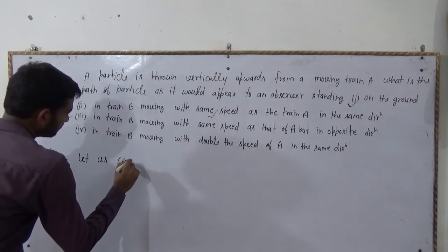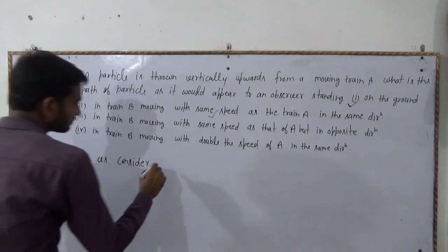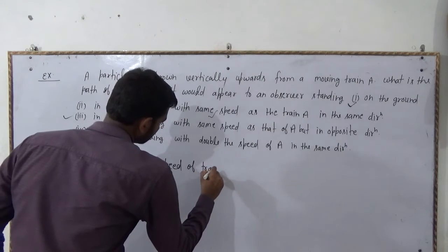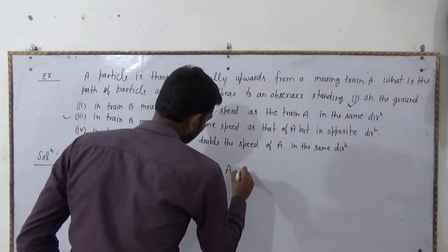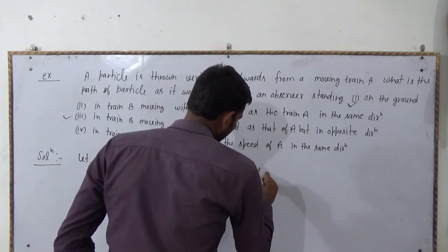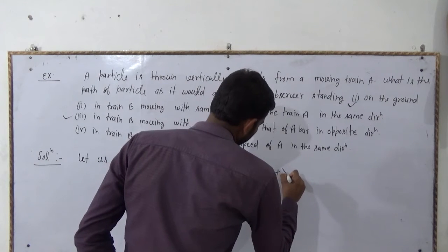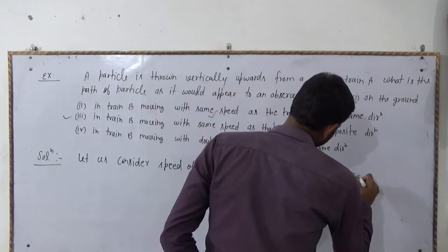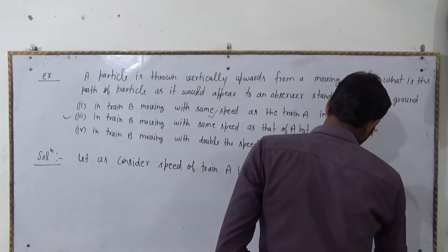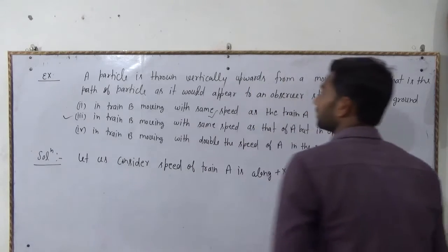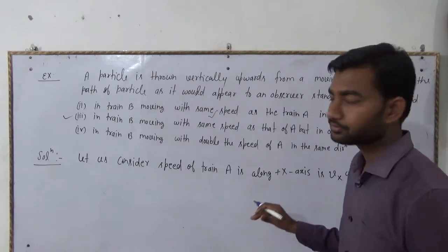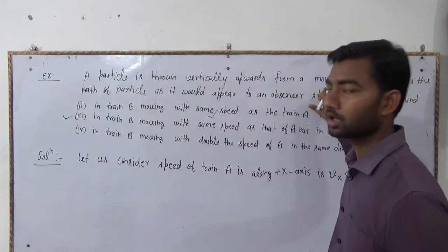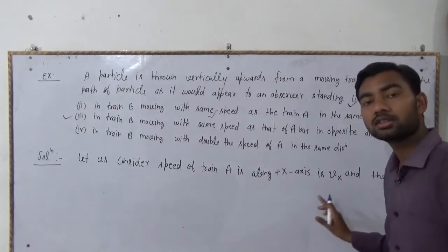Let us consider the speed of train A along the positive x-axis is Vx, and the velocity or speed with which the particle is thrown vertically upwards from the moving train A is Vy.